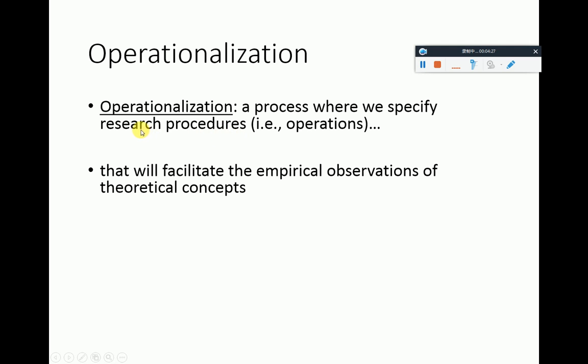Another term for this will be research procedure. How exactly we're going to operate, to phrase it differently, in this research project such that we can obtain reliable empirical observations, or reliable data that we can trust as tests of our theoretical concepts or constructs, right?